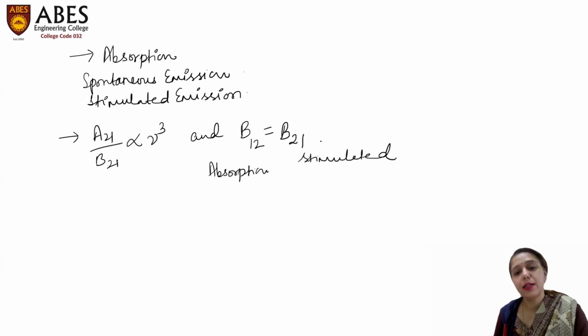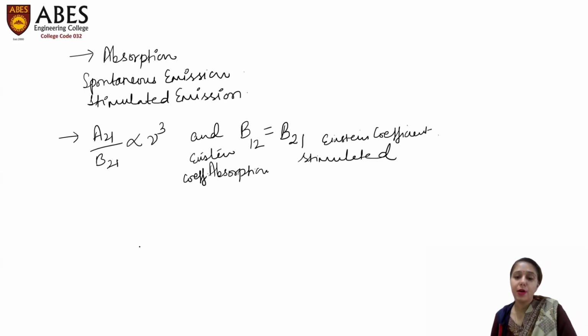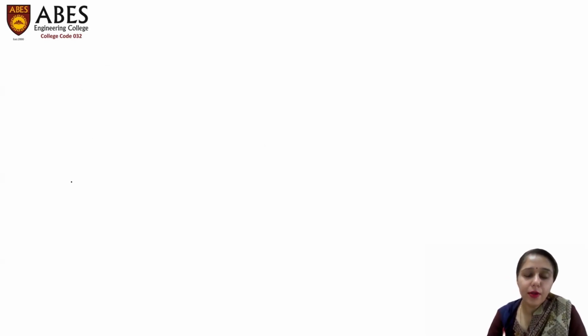These are Einstein coefficients. We also talked in detail about the Boltzmann distribution law, and also we used the equation for Planck's law. Now we are going to move further, and we are going to talk about the types of lasers.